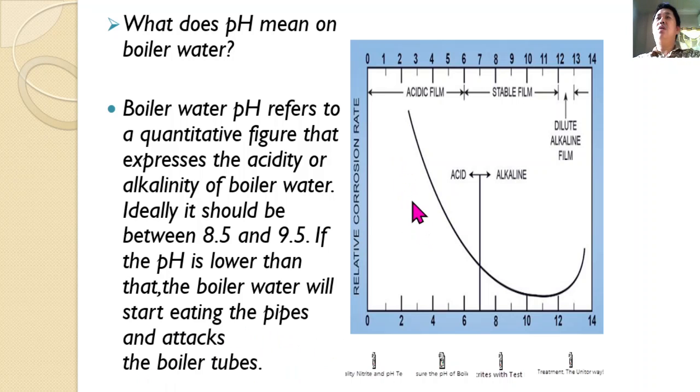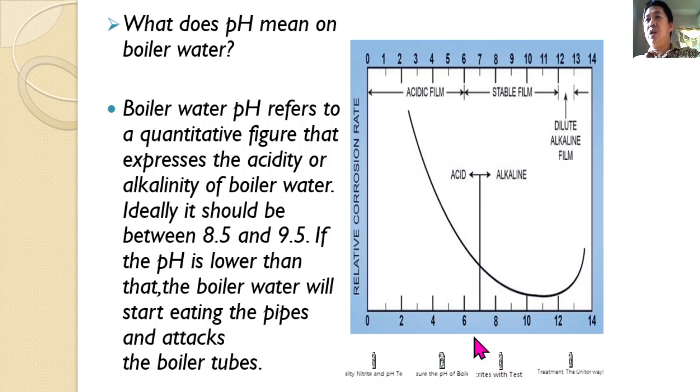So as you can see here, the pH value of 0 to 6 is acidic, so acidic water. And 6 to 12 is stable film, and 12 to 14 is dilute alkaline film.